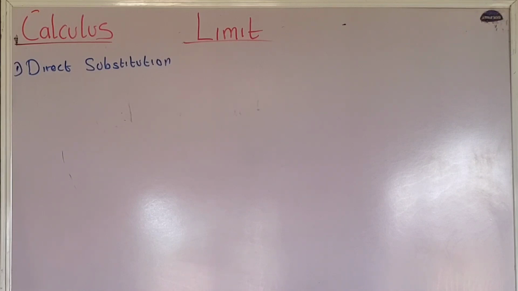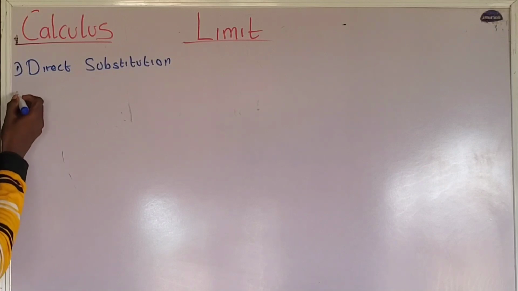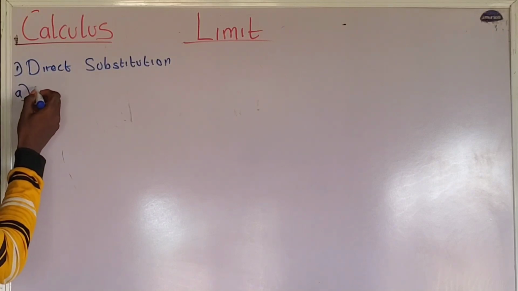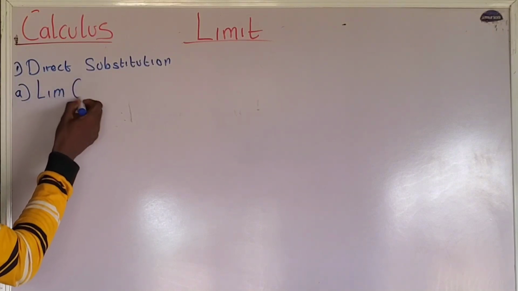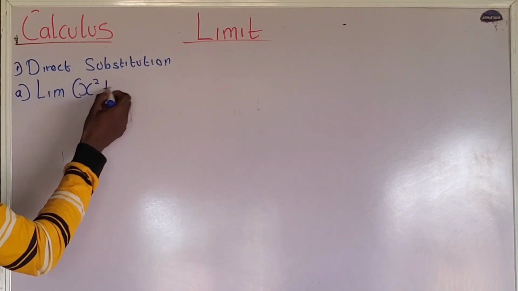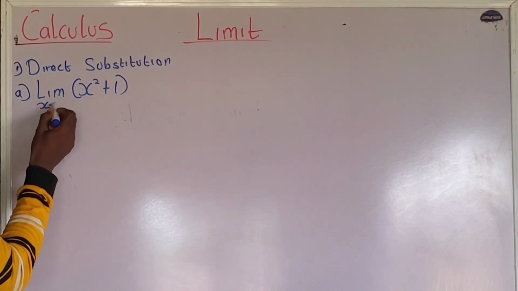Let's say you are asked to evaluate the limit of the following functions. Evaluate the limit of the following function: lim x squared plus 1 as x tends to 1.